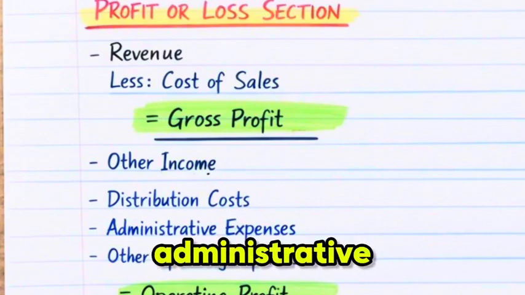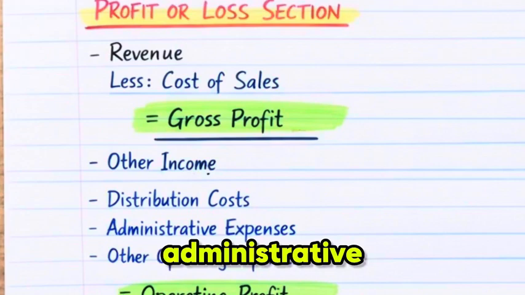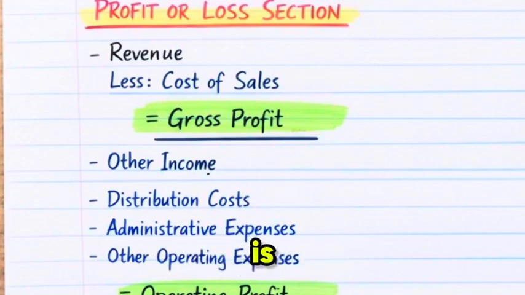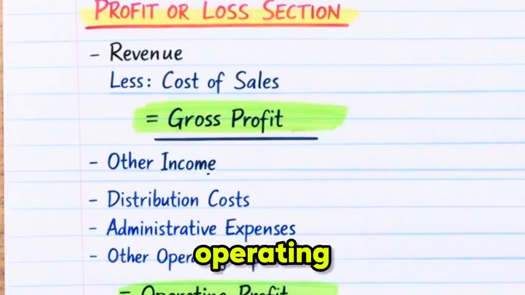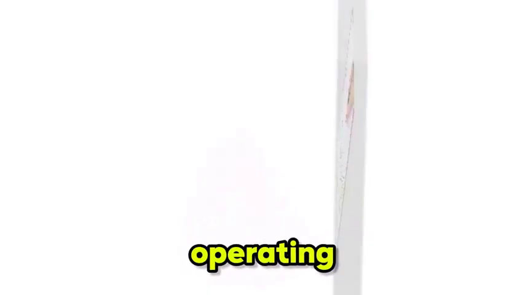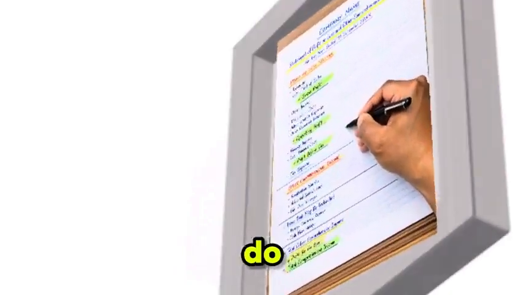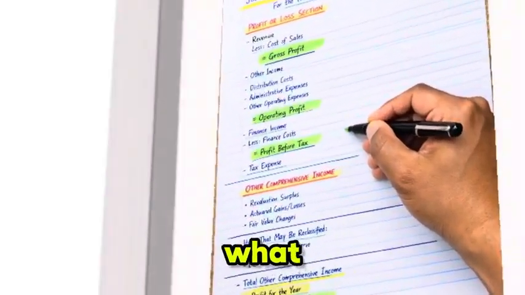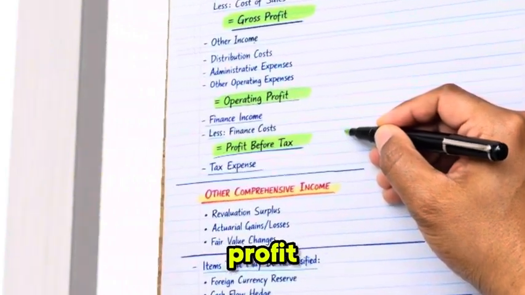Also, you have administrative expenses, which are to be deducted. And then you go to other operating expenses. So you add other income, you remove distribution costs, you remove administrative expenses, and you also less other operating expenses. By the time you do all of this, you will have what we call operating profit.